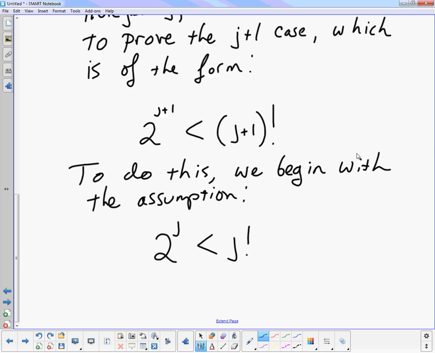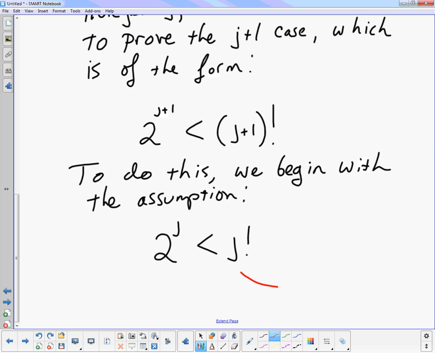Now, let's try to figure out how we can turn the left-hand side and the right-hand side into those two things. The left-hand side could become my target if I multiplied it by 2, right? What do I need to multiply the right-hand side by? Remember what j factorial and j plus 1 factorial are.